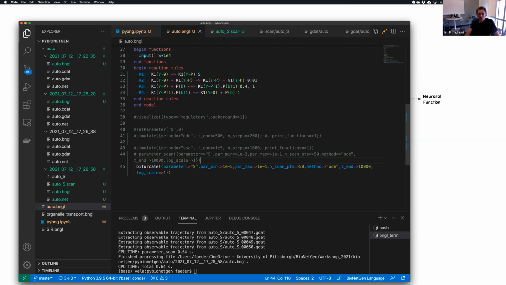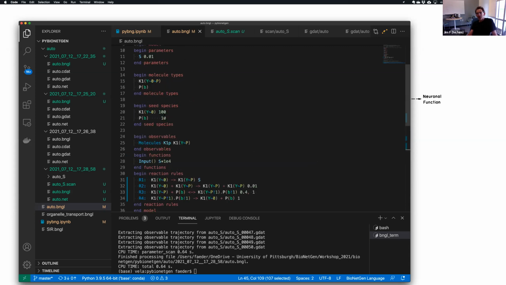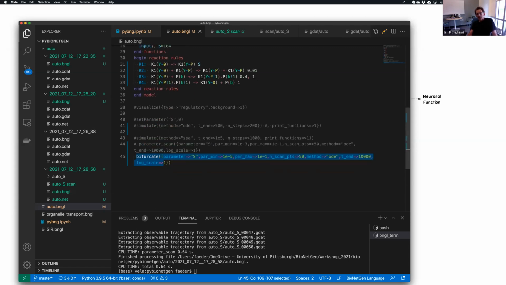The other thing bifurcate does is that when it's scanning in a particular direction, rather than starting the system from the initial condition you give in the seed species block, it uses the final concentrations from the end of the trajectory from the previous parameter value as input to the next one.